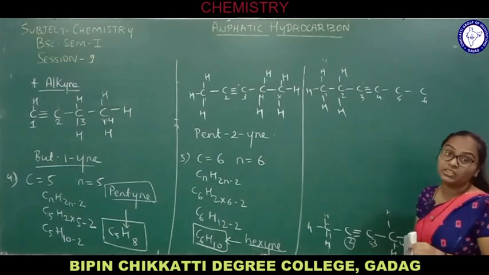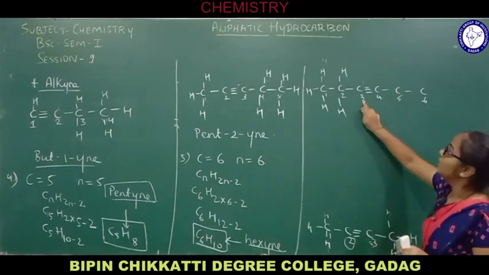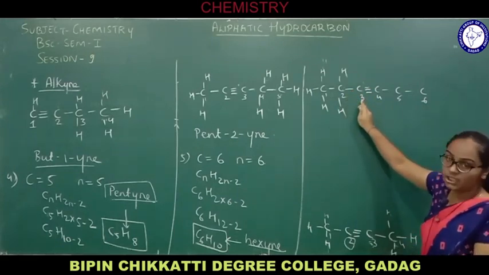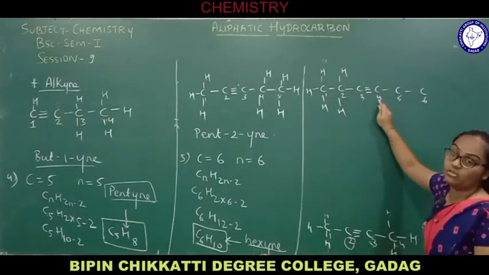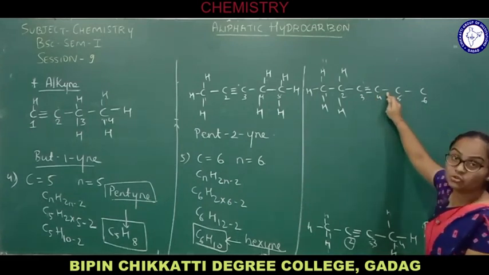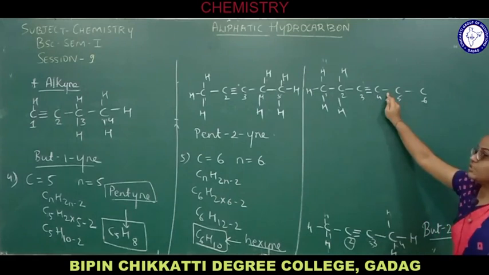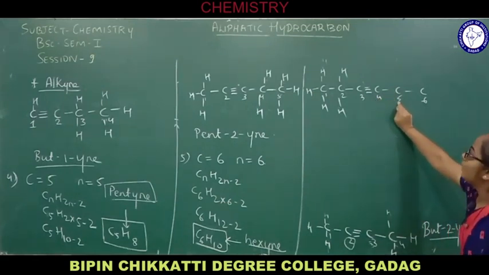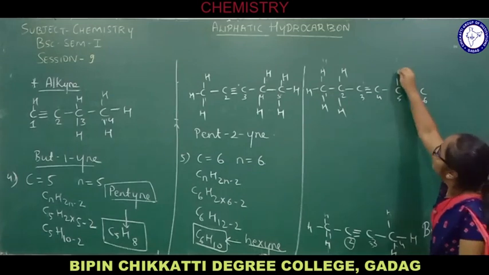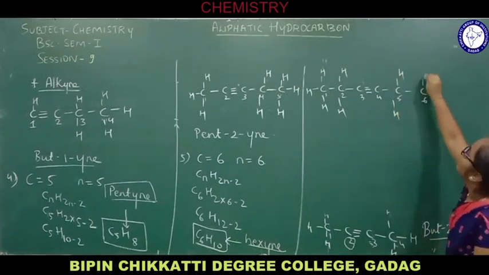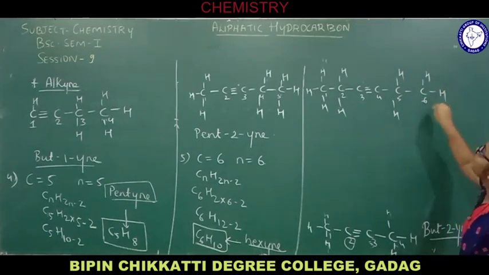Now the third carbon: here 1, 2, 3 bonds are there, and a fourth. No hydrogen will get attached to carbon number 3. Carbon number 4 also has 3 bonds and 1 bond already attached to carbon number 5, so no hydrogen atom will be attached to carbon number 4. Then carbon 5 has 2 hydrogens, and carbon number 6 has 3 hydrogens.